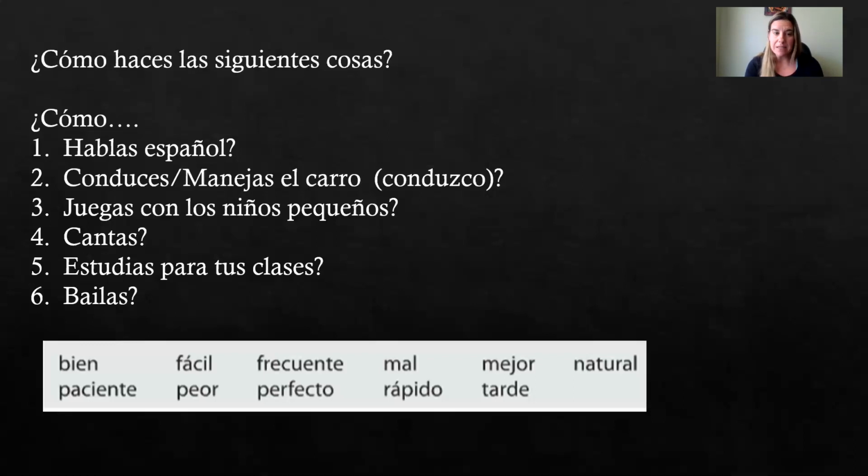And ¿cómo bailas? So I put down at the bottom of this slide some options of adjectives that you can convert into adverbs to use to answer these questions. However, don't feel like you're restricted to the ones I've provided here. You can use any adverb that you'd like to answer these questions.